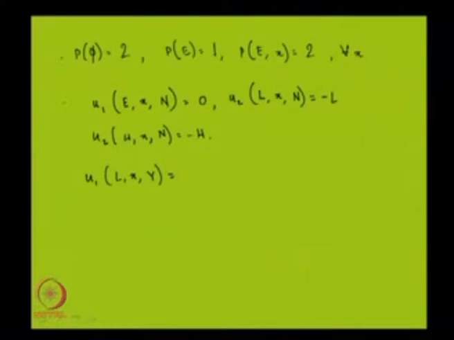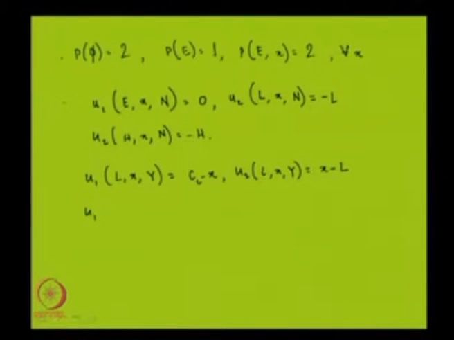Suppose player 1 is saying yes in the last stage, whereas player 2 has put a low level of effort in the first stage. Then player 1 is getting CL minus X, and player 2's payoff is X minus L, right.